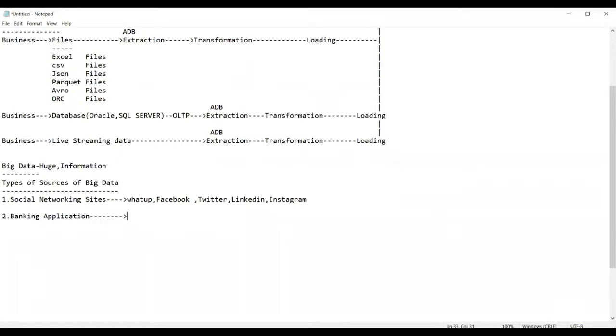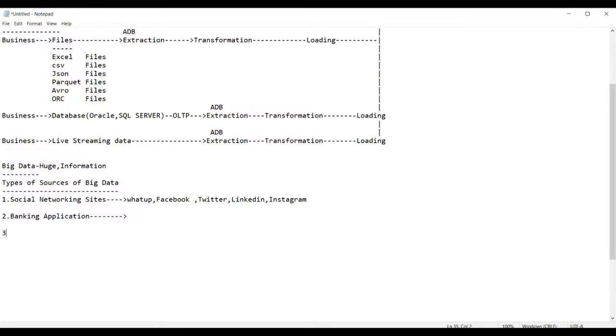That means banking data is considered a massive amount of data across the globe. So we can get big data from banking applications. Business means social networking sites, which are one type of business, and banking applications are another type of business from where we get the data.